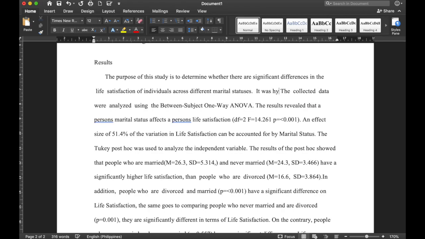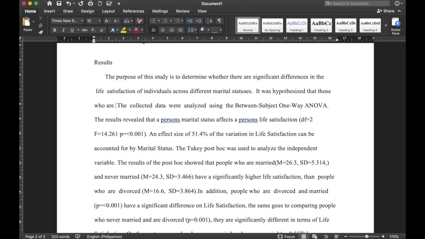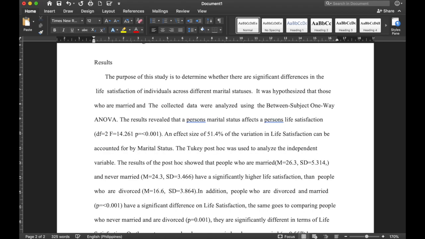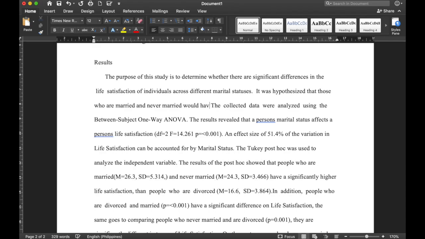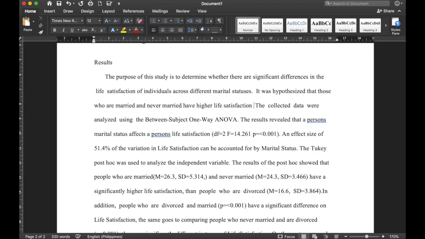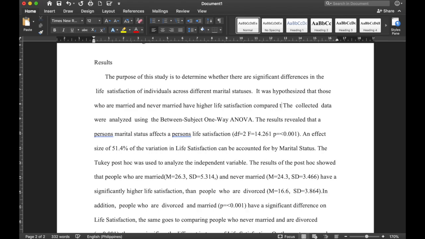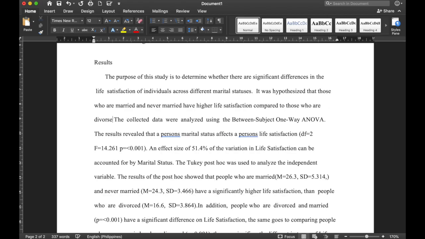It was hypothesized that those who are married and never married would have higher life satisfaction compared to those who are divorced.